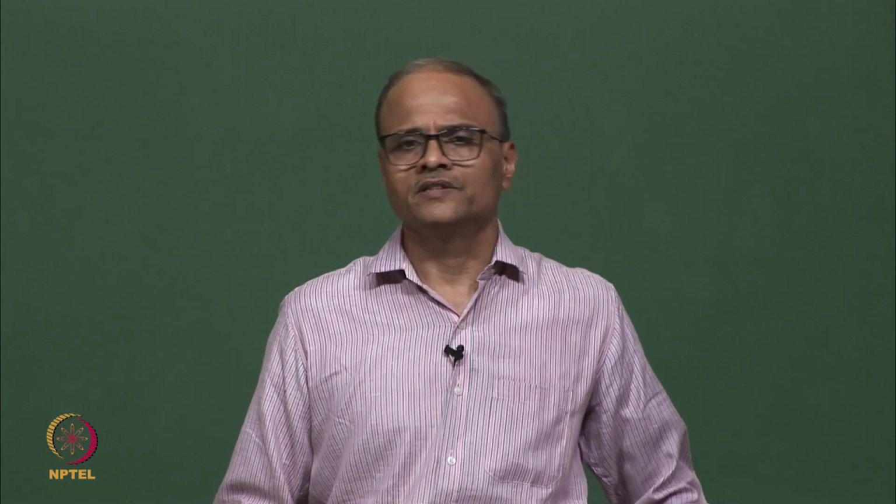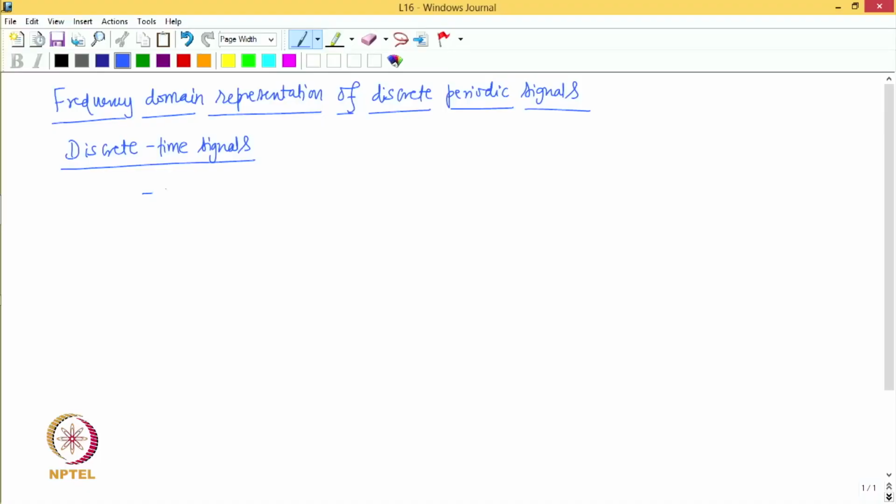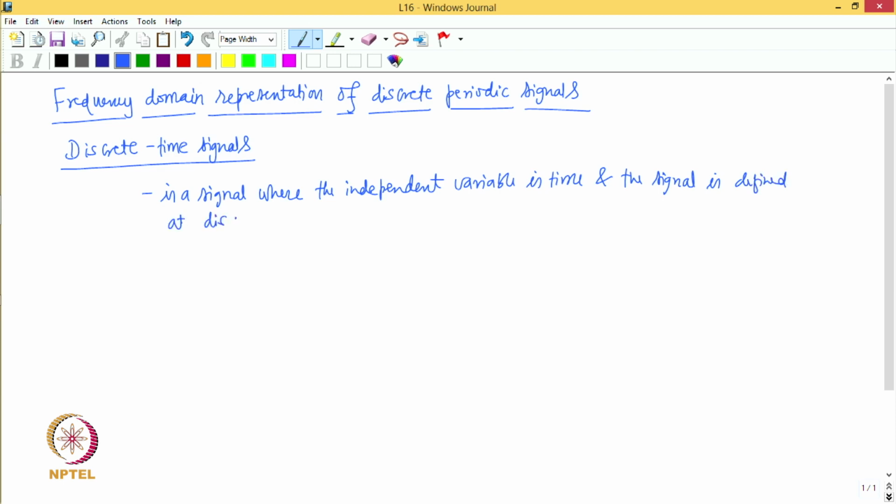A discrete time signal is a signal in which the independent variable is time, and the signal is defined at discrete values of time.